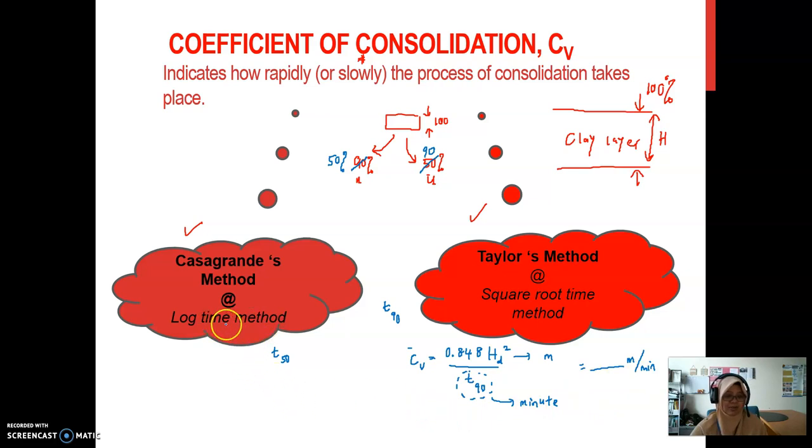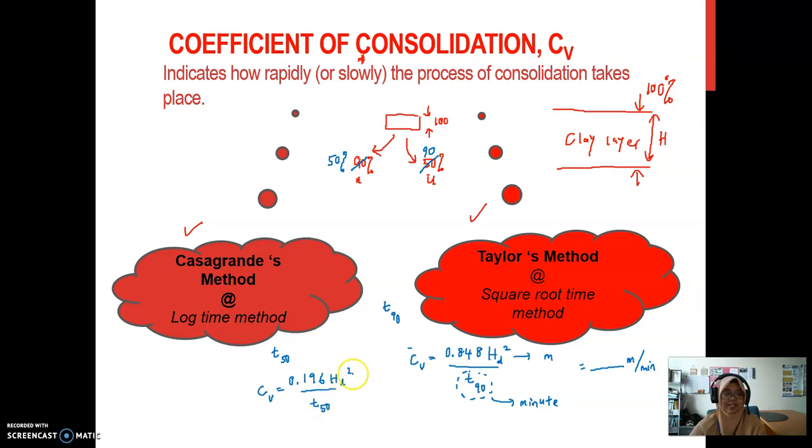Similarly for the Casagrande method, we obtain the T50 from the graph based on the data from the laboratory. The equation you use, the time factor T sub V, is 0.196 times the height of drainage squared, divided by T50.